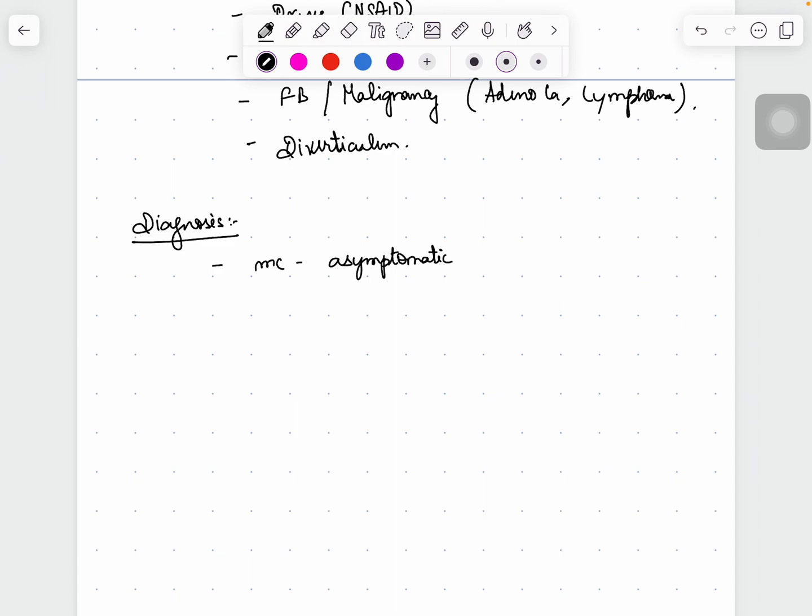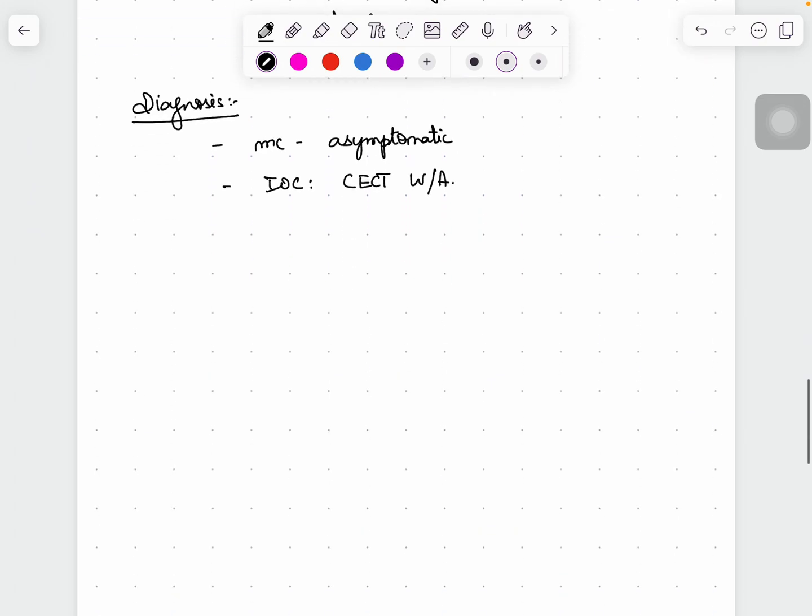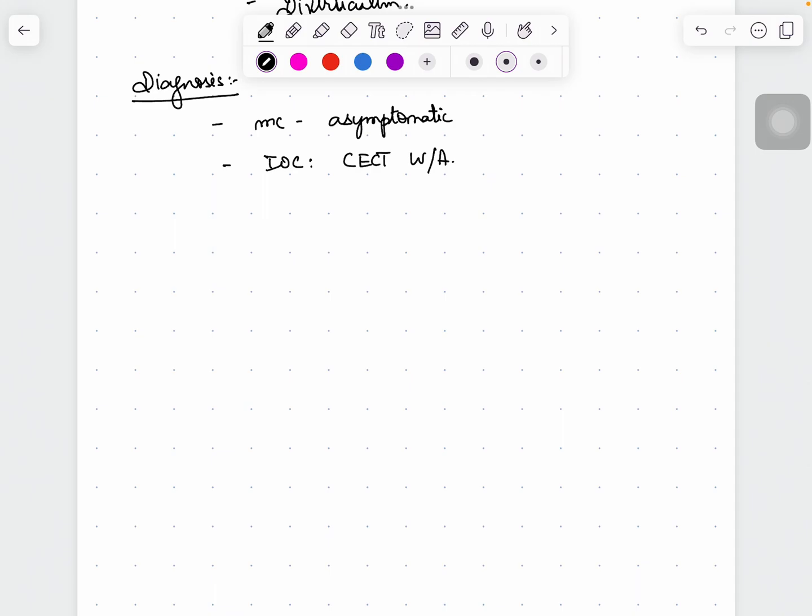The investigation of choice is always going to be a CECT whole abdomen, and we'll be able to find and grade the perforations. That perforation grading system is given by what's known as the Stafford classification.